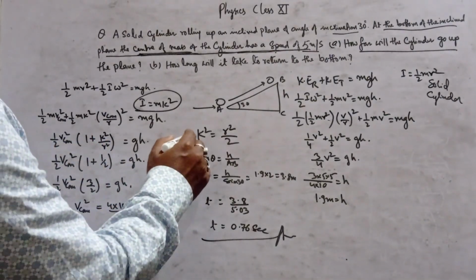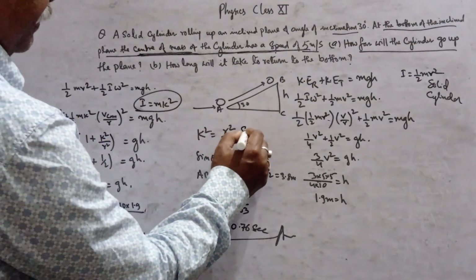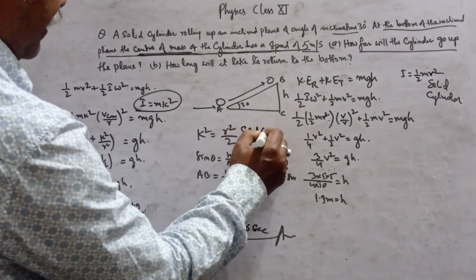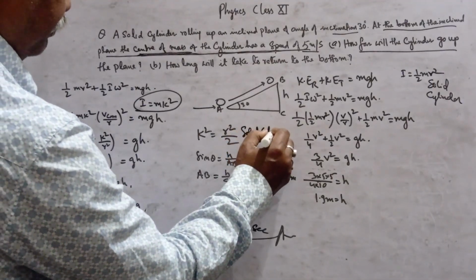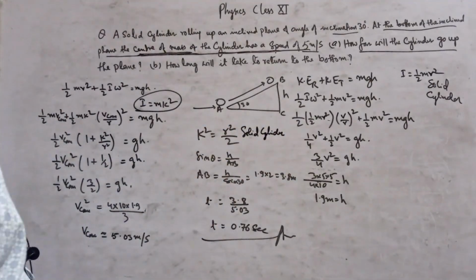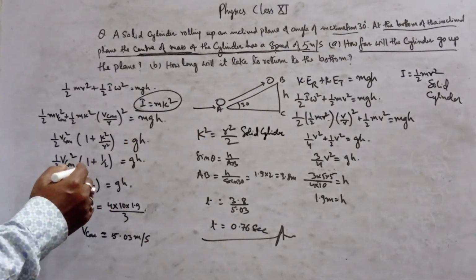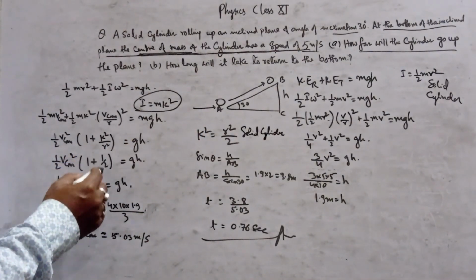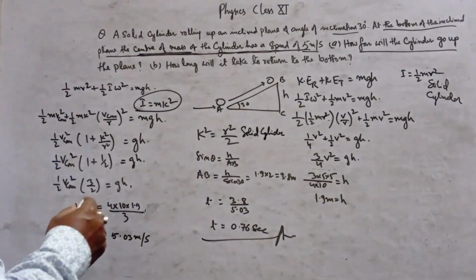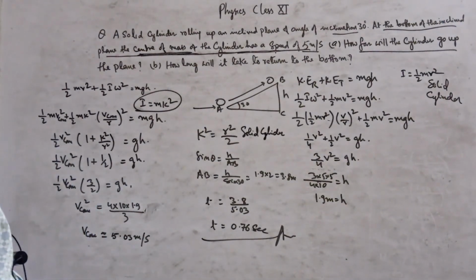We know that the radius of gyration squared for a solid cylinder is equal to r square by 2. So placing r square by 2 here, and calculating further, you get the velocity of the center of mass.